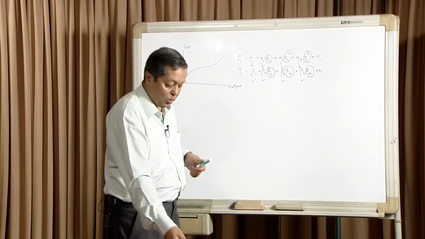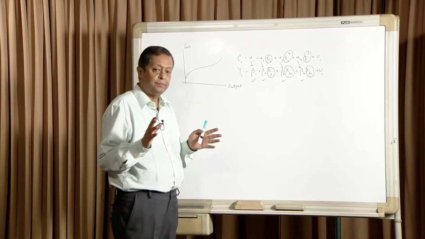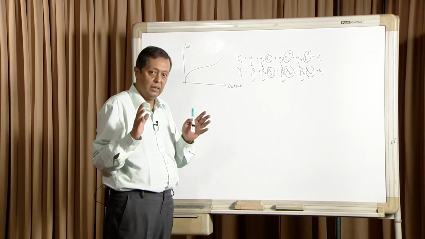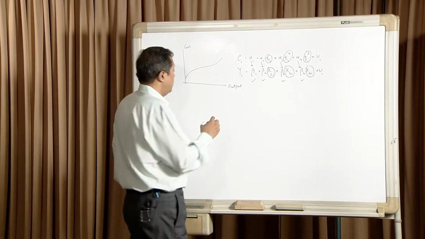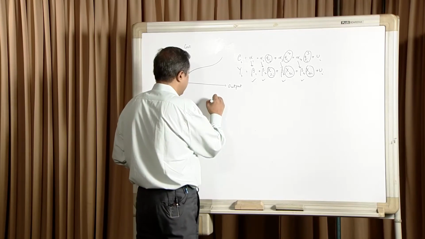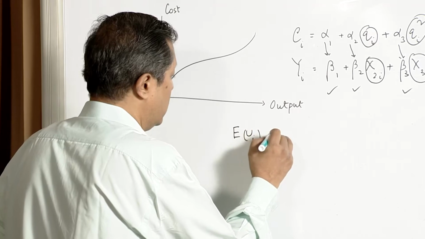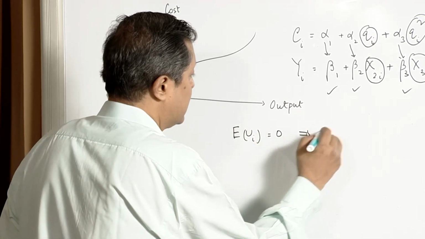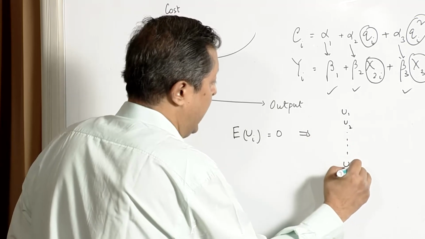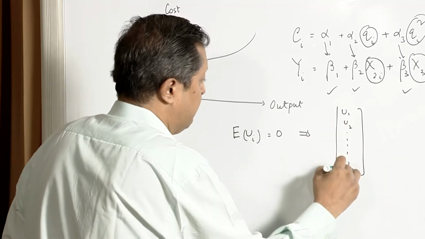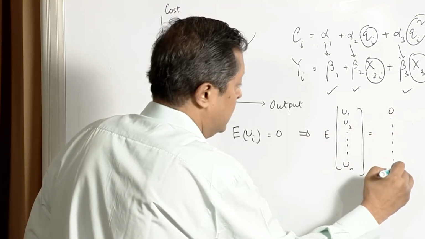And it is also important to be able to represent the 4 basic assumptions in matrix form. So, we had said expectation of ui is equal to 0, which means we have u1, u2 right up to un, expectation of that is equal to 0.